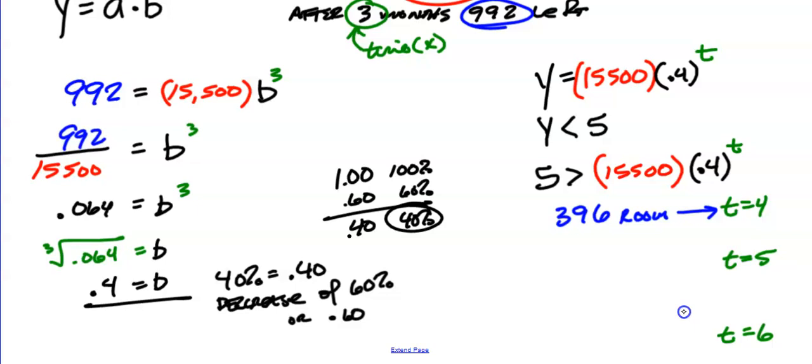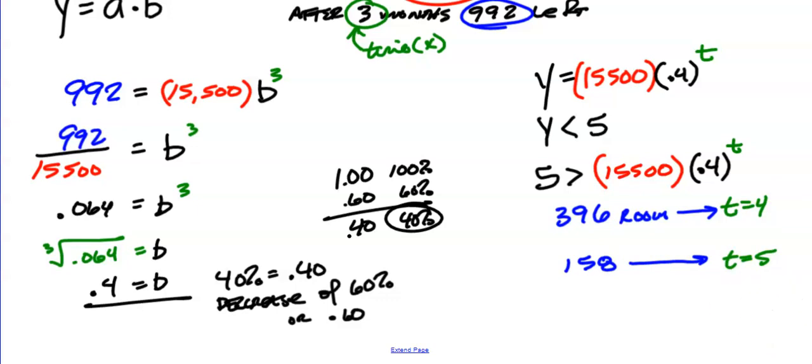15,500 times 0.4 to the power of 5 is 158.72. That's a big drop off. So 158, but we're not to 5 yet. I'm going to try 10.